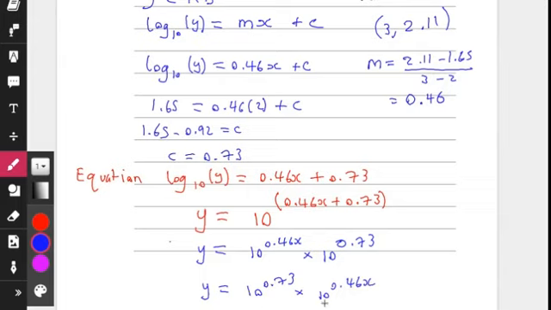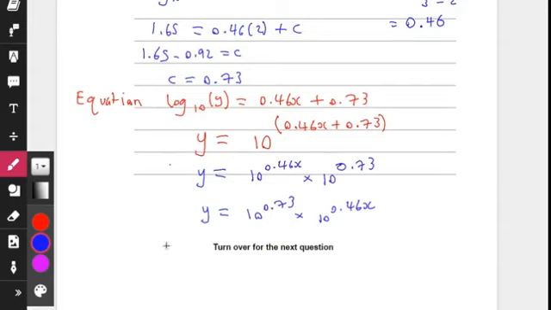But that's not good enough because they said b to the power of x. We have got 10 to the power of 0.46x. So we can say that that's equal to 10 to the power of 0.73 times (10 to the power of 0.46) in a bracket to the power of x, using again your laws of indices.